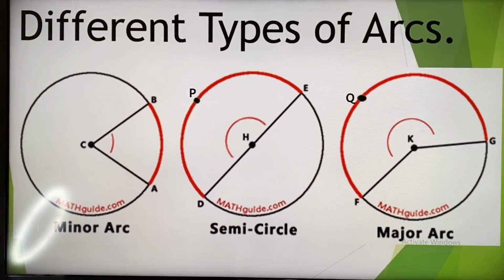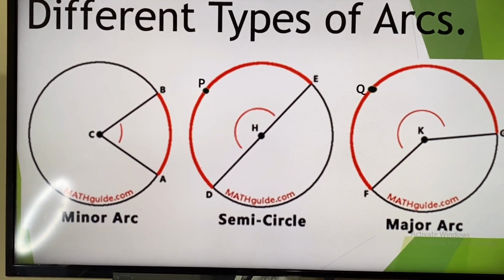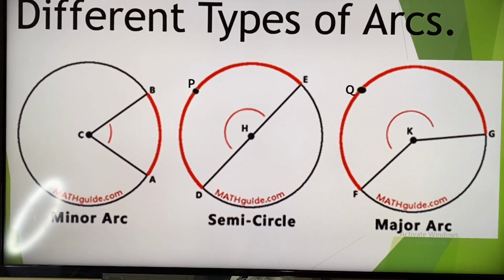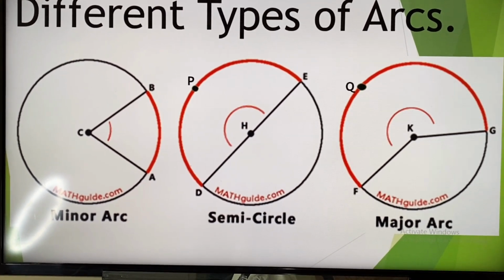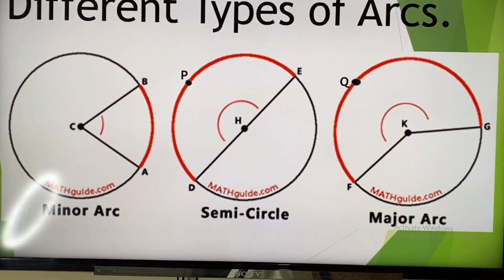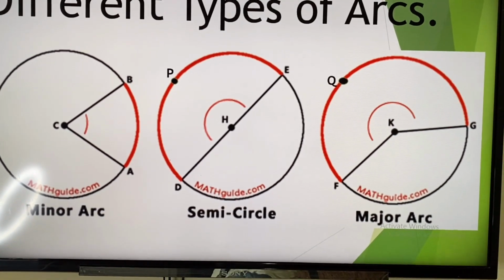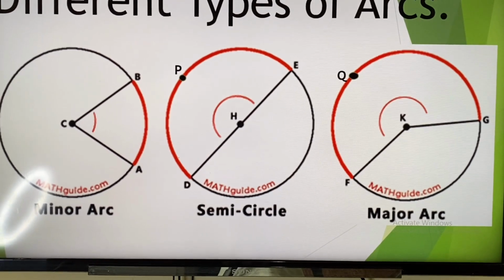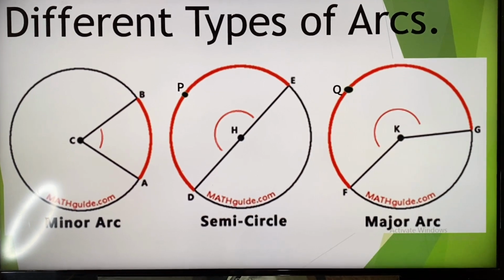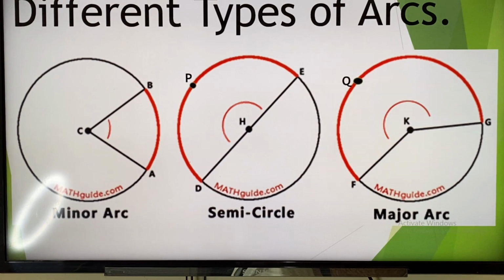So that is the way to find the measurement of its arc, or the equivalent value of the angles to the intercepted arc. By the way, thank you to mathguide.com. We got these figures or illustrations from that site.